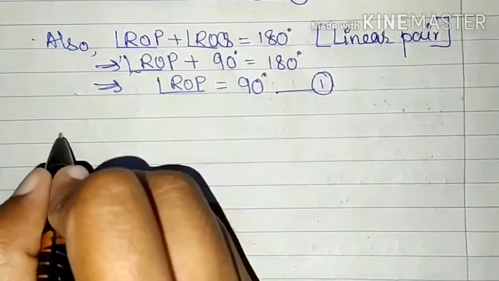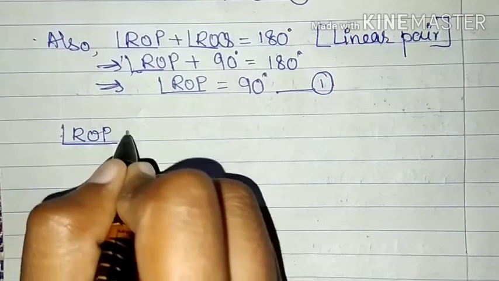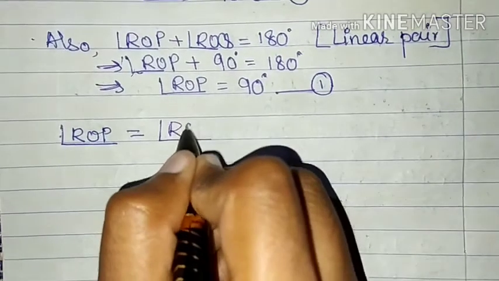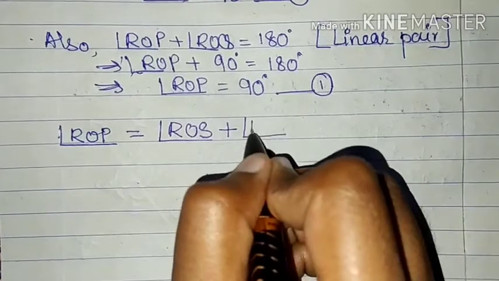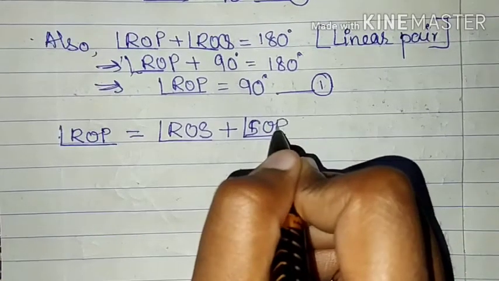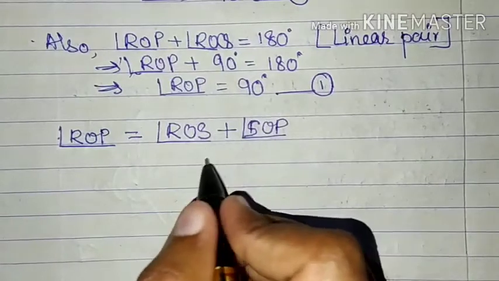If you look at the figure, then you see that angle ROP is made of two angles. We can write angle ROP is equal to angle ROS plus angle SOP. So angle ROP is made of these two angles.